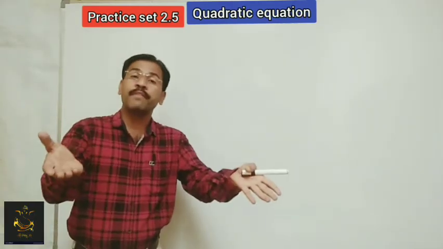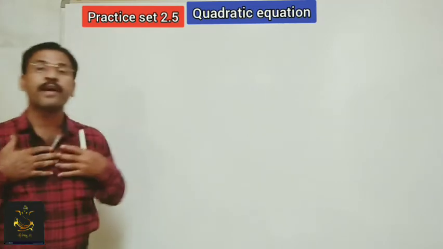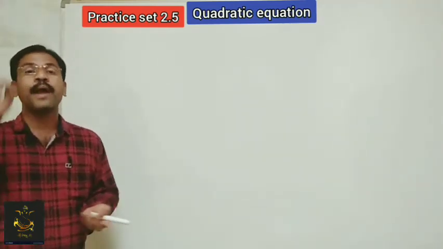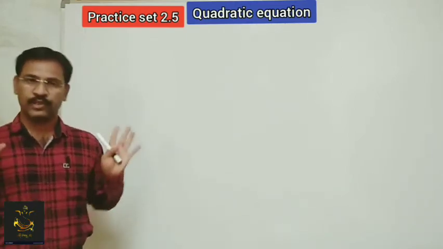And in the given equation there is k, and we are going to find that k. What is that equation? x square minus 4kx plus k plus 3 equal to 0.